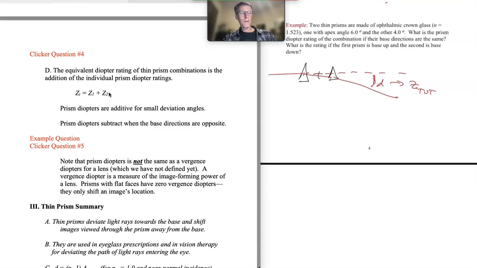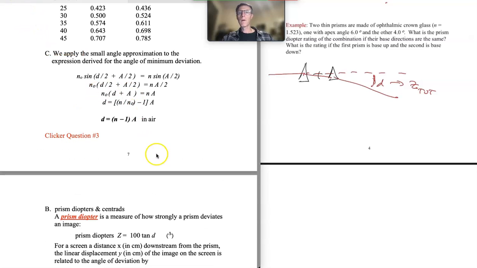And since they're thin prisms, we can use our thin prism result for relating the deviation angle to the apex angle. So remember, that's this expression here that says the deviation angle is equal to n minus 1 times the apex angle.